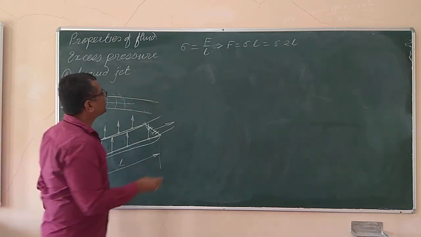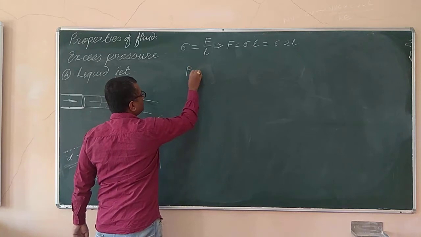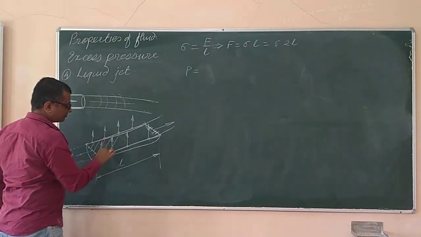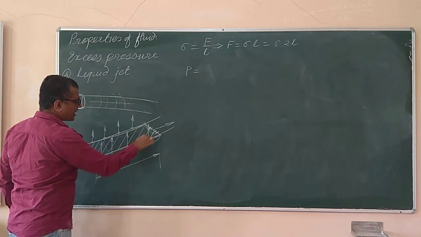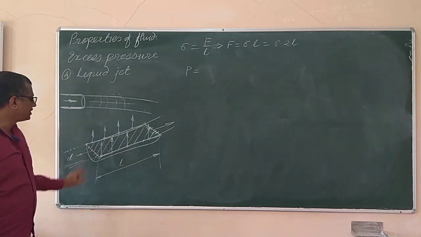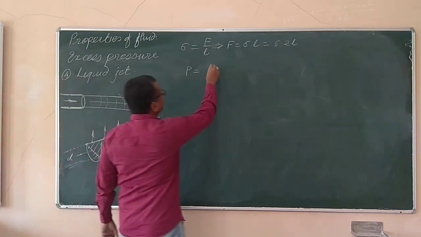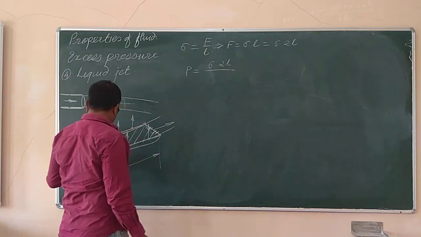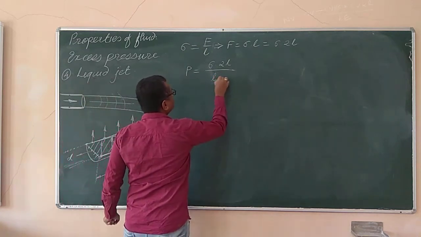Now on what area is that force acting? The area on which that force is acting is over here. This is the area, and that area is equal to the length of that rectangle into the width, that will be d. So the excess pressure over here is sigma into twice of L divided by the area on which it is acting, it's L into d.